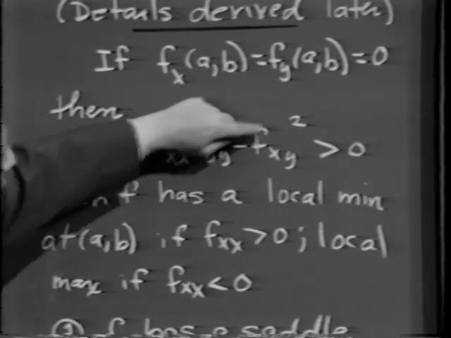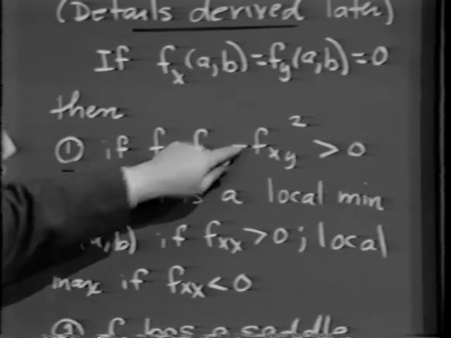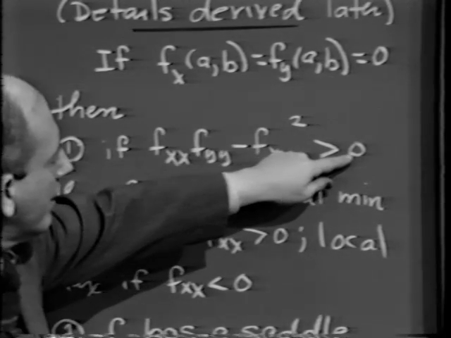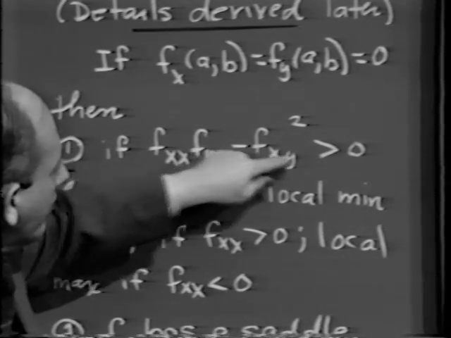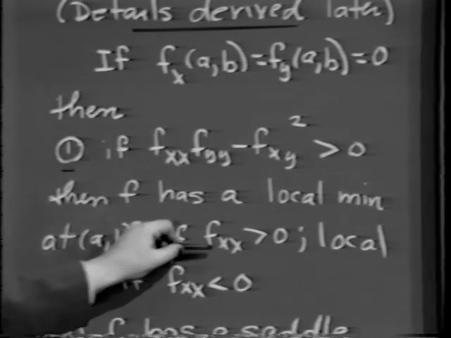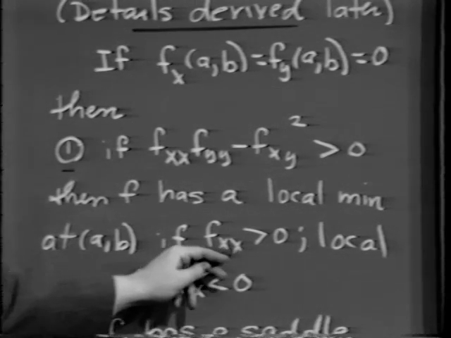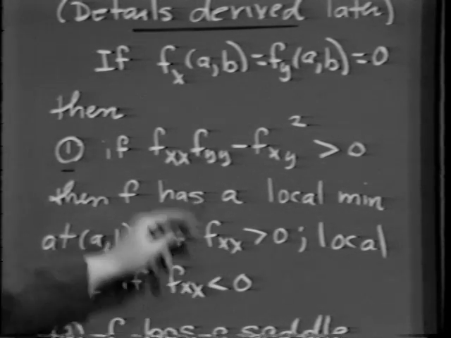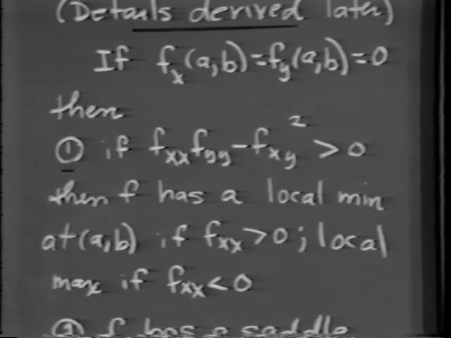With this term missing, the smallest a square can be is 0, and the negative of a non-zero number can't be positive, nor can a zero. In other words, you could not obey this inequality if f sub xx happened to be 0. If you want to argue why couldn't you look at f sub yy instead of f sub xx, the answer is f sub xx and f sub yy must both have the same sign.